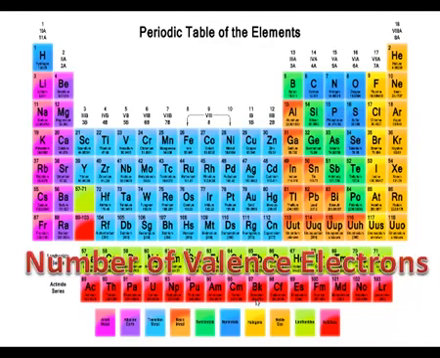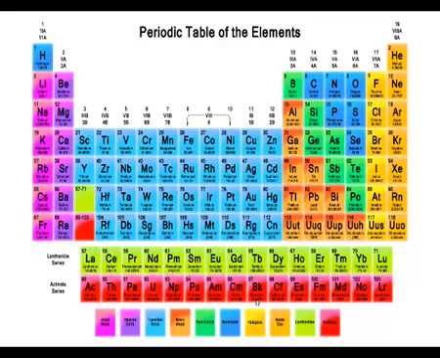Number of valence electrons, and this plays into us setting up our Bohr's model. Each group has the same number of valence electrons. So group number 1 has 1 valence electron. Group number 2 has 2 valence electrons.